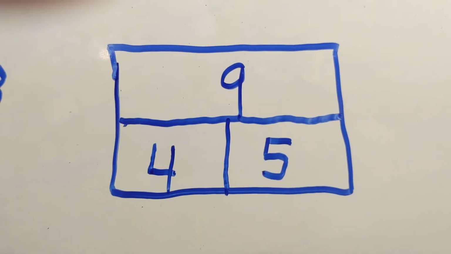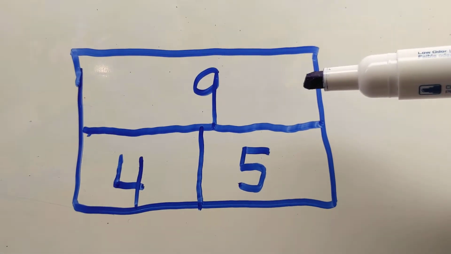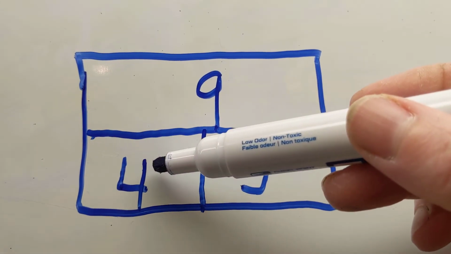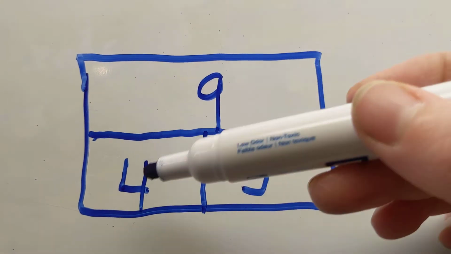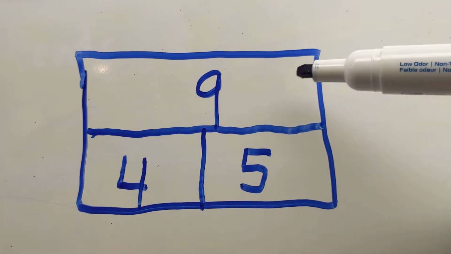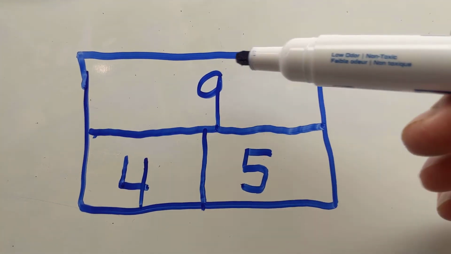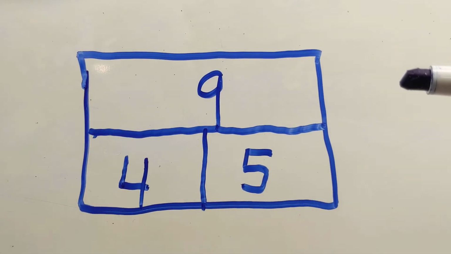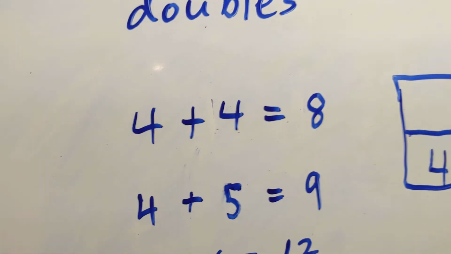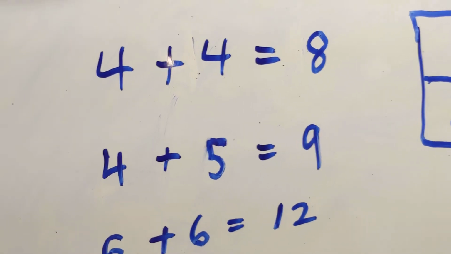So 4 plus 5 is 9. 9 take away 5 is going to be 4. 9 take away 4 is going to be 5. So thinking of it as this is the whole thing, and these are parts of what make up the whole thing.